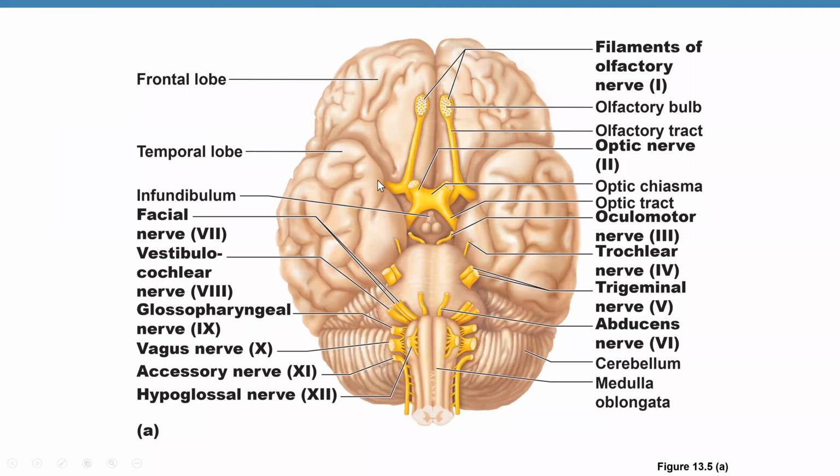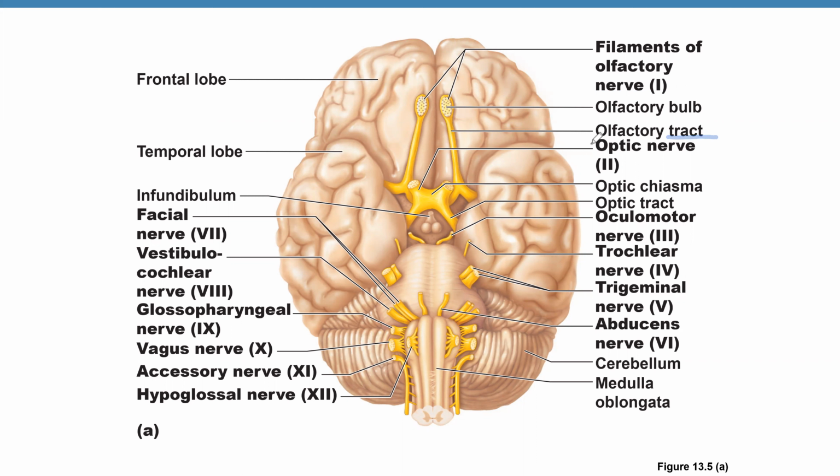Now let's look at the names and numbers of the cranial nerves. So the first cranial nerve is this one. Cranial nerve number 1, olfactory nerve. Now this structure is called the olfactory bulb, and this is the olfactory tract.